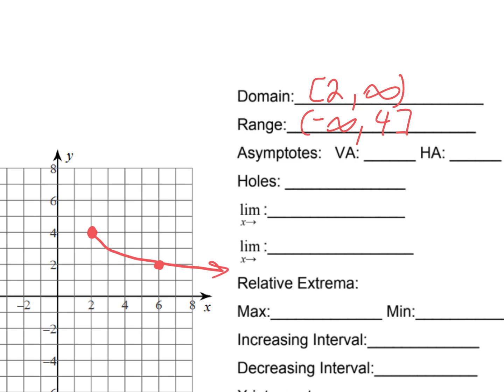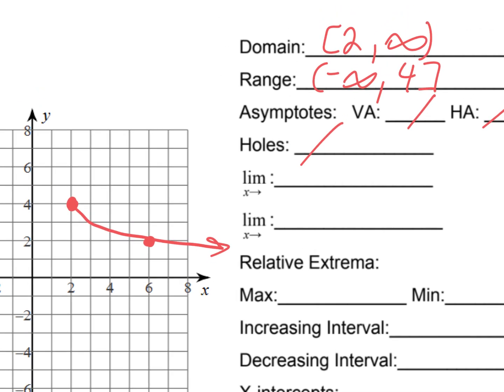Okay? Asymptotes or holes, do we think these have any? No, they do not. Okay? Limits, I should copy my x values, which are my domain. What did we just say the domain was? Help me out, guys. Come on. 2 to infinity. Good. Okay, so as x goes to the left to 2, where's y going?